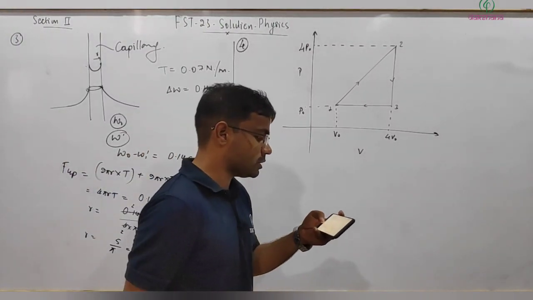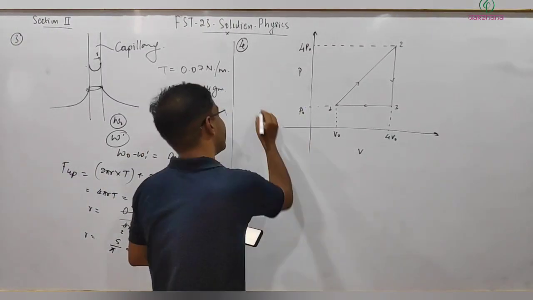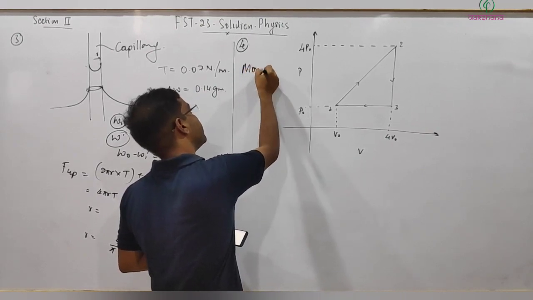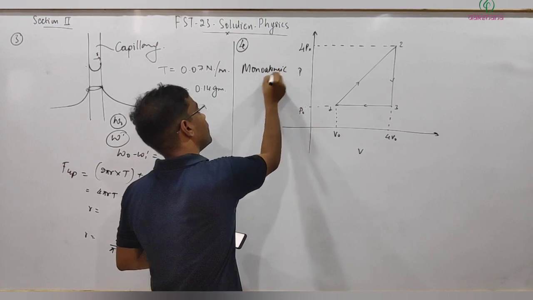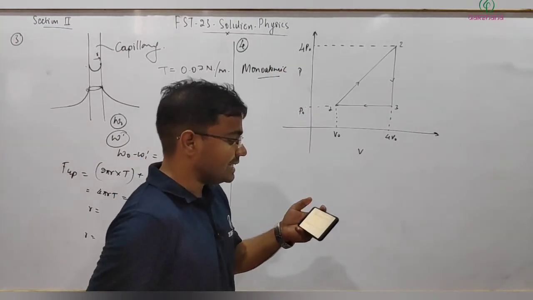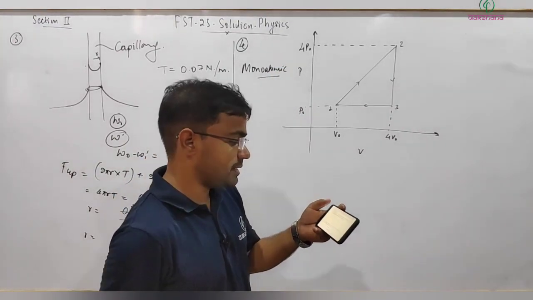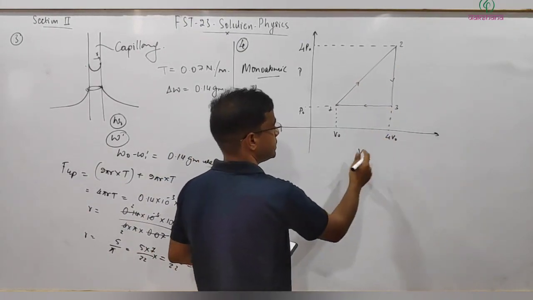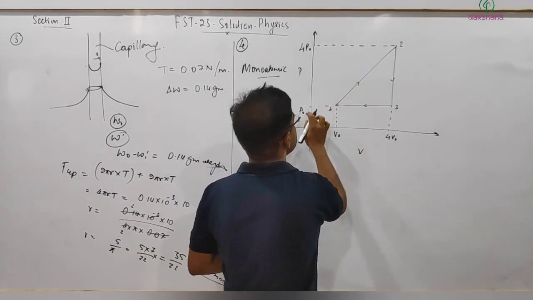The working substance of a heat engine is a monoatomic ideal gas. Determine the efficiency in percentage of the heat engine if the cycle is shown in the figure. So it's running from 1 to 3 across this V0, 4 V0, and this is P0, 4 P0.